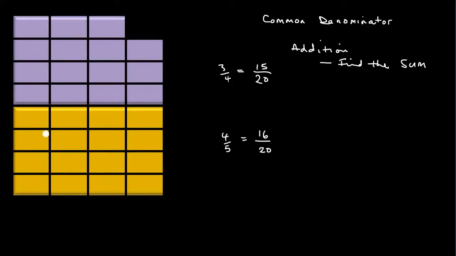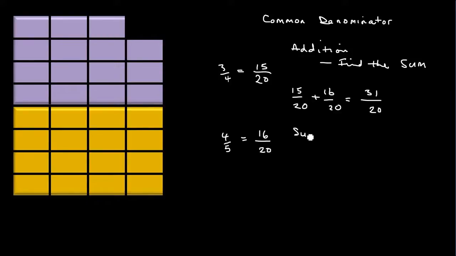So we've got 4 times 4, 16 20ths. So that's fine, and if we add them together, we're obviously going to get 15 20ths plus 16 20ths, giving us 31 20ths. Alright, so that's addition.